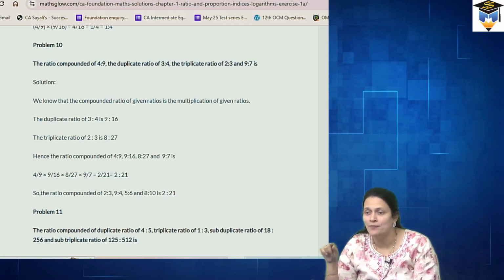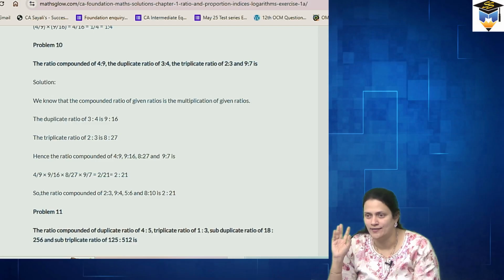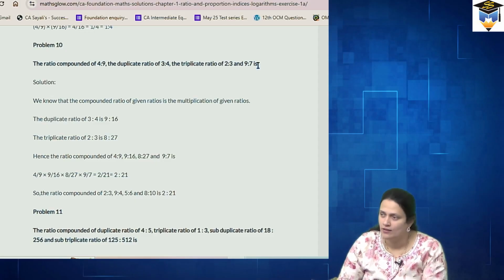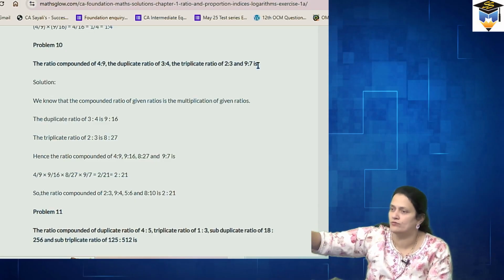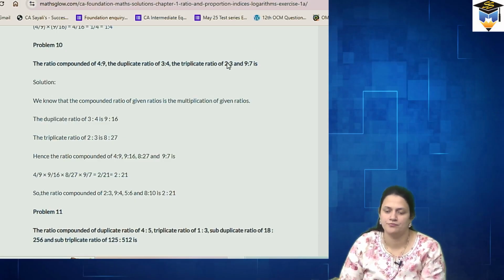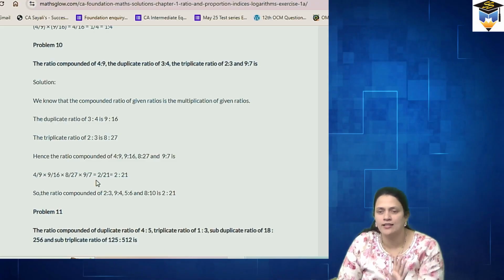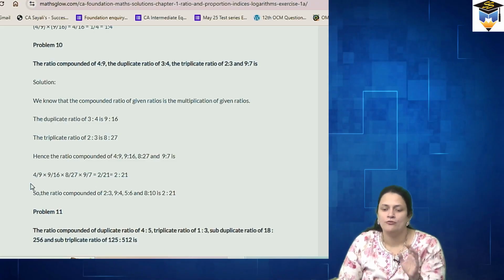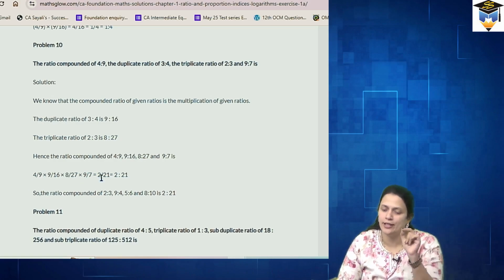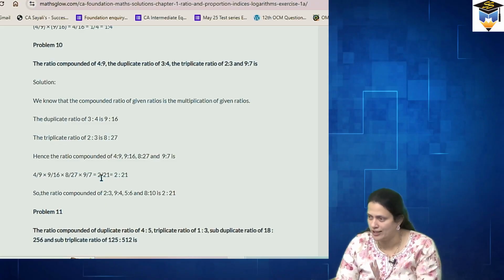We have to find the compound of all of them. It means you don't have to triplicate 9:7. 9:7 is a separate ratio which you have to compound, so don't get confused. That is why they took 9:7 a single time. So we have to find the compound of 4/9 into 9/16 into 8/27 into 9/7.